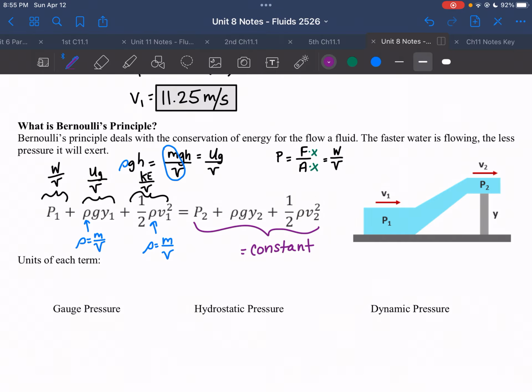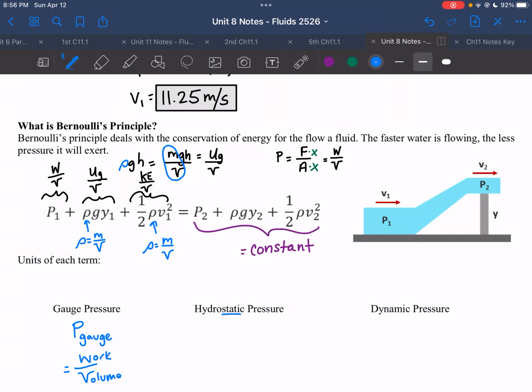Each one of these terms has a specific name. The first one is gauge pressure, which is a static type of pressure, the pressure from the gauge. But again, that is really work divided by the volume. The next one is hydrostatic.